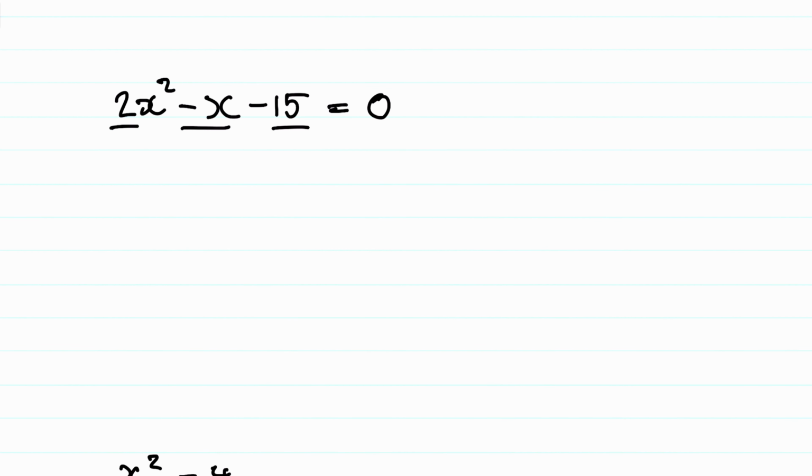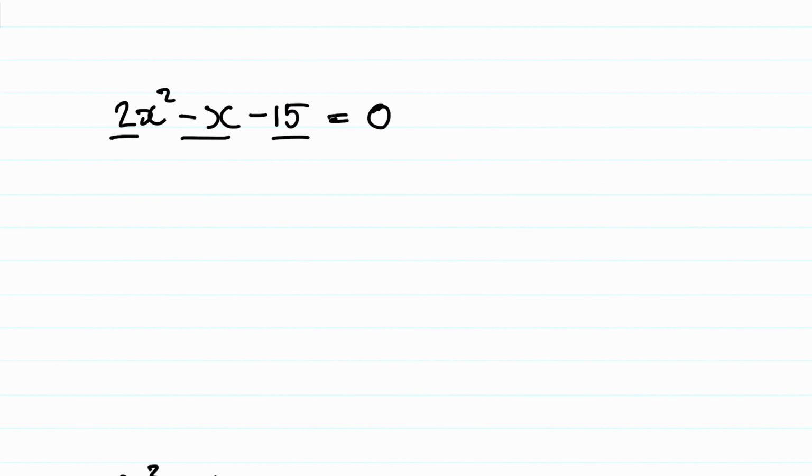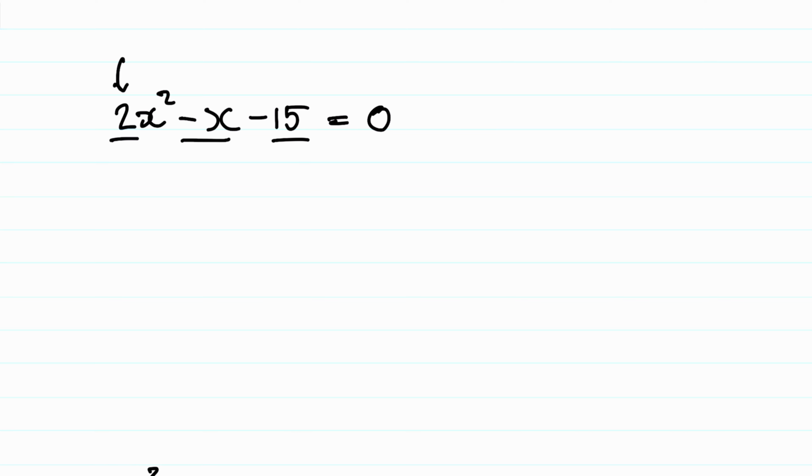Moving on to a harder example then, this is a case where you have some kind of coefficient in front of your x squared, which makes things a little bit more complicated when trying to figure out what numbers to use. In this case, we can make use of the product of the first coefficient and the constant at the end.